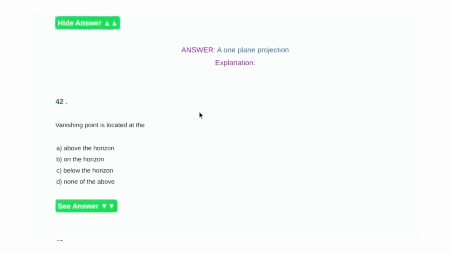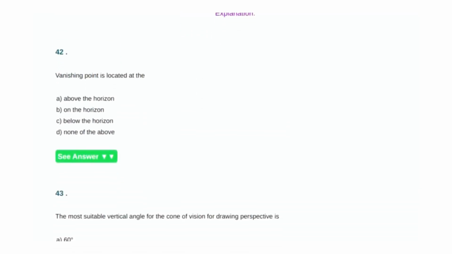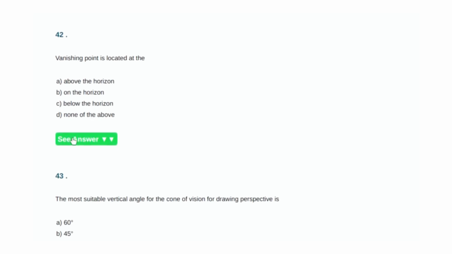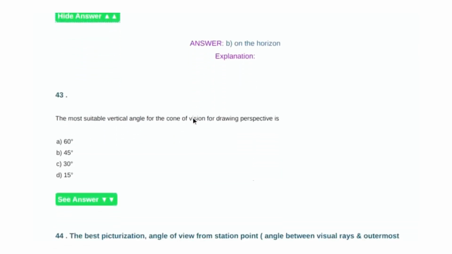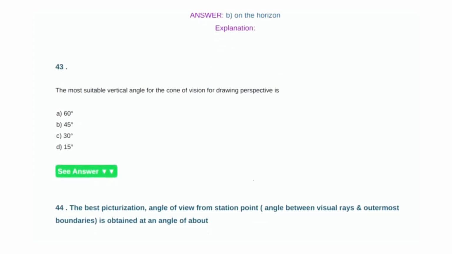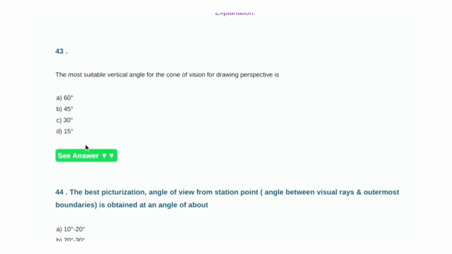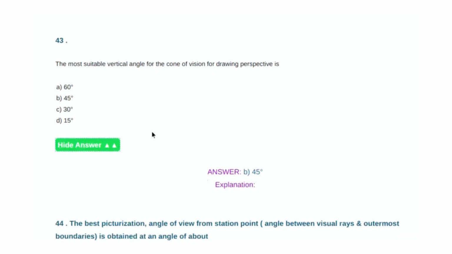One plane projection. The vanishing point is located above the horizon, on the horizon, or below the horizon: on the horizon. The most suitable vertical angle for the cone of vision for drawing perspective is 45 degrees.